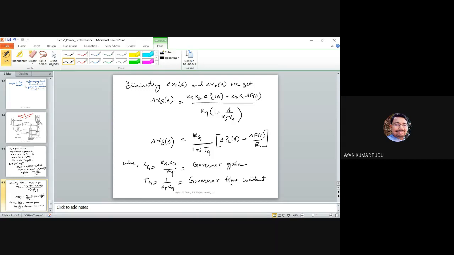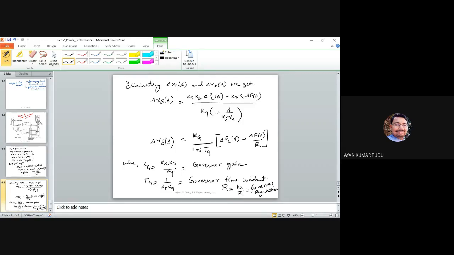And what we have, R. What is R? R is nothing but k2 by k1, our governor regulation. I hope it is clear till now.